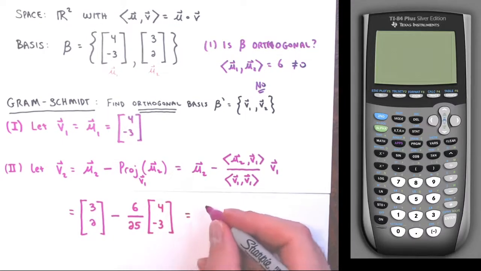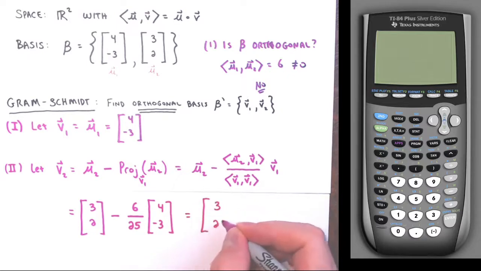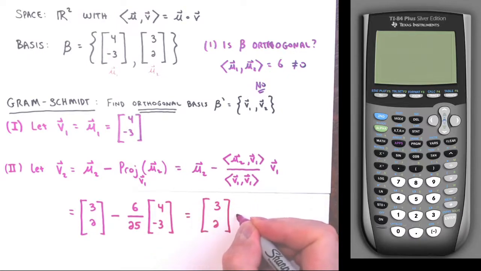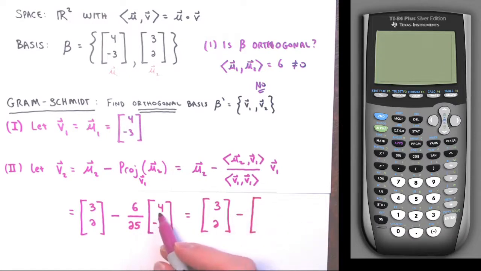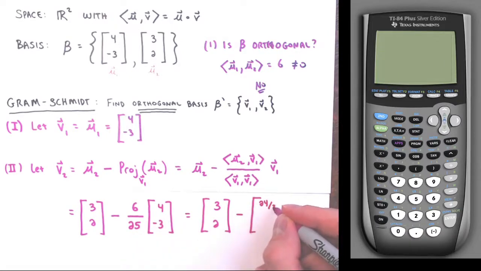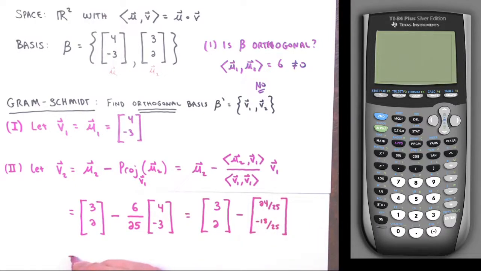So this is 3, 2 minus, and multiplying these by, say, that's 24/25ths, and negative 18/25ths. Putting these together will give me what I'm going to call V2. So that's 75/25ths minus 24/25ths, maybe 51/25ths.